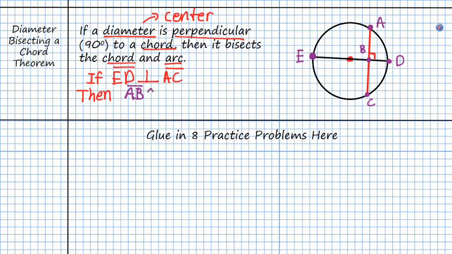So that means that AB will be congruent to BC because it's been bisected, so it's been cut perfectly in two. And we know something about the arcs. We know that the arc AD will be congruent to the arc DC.